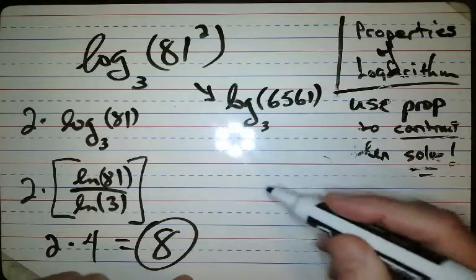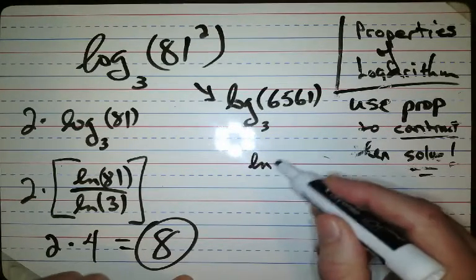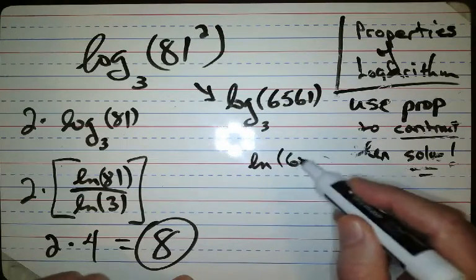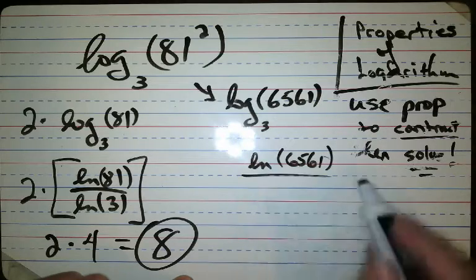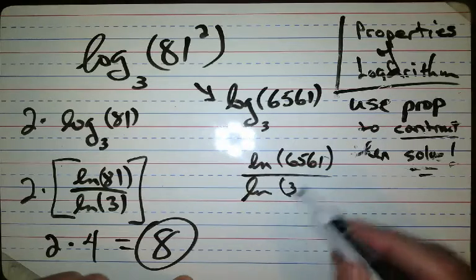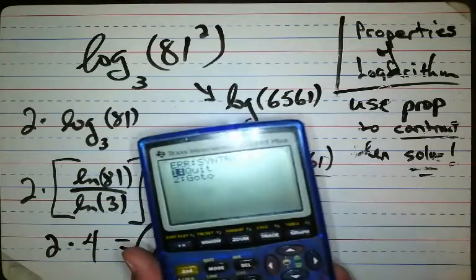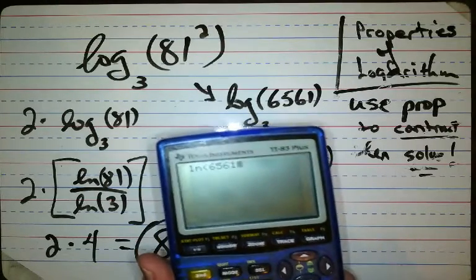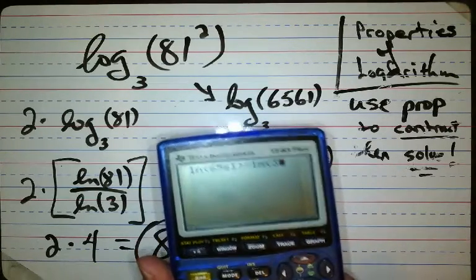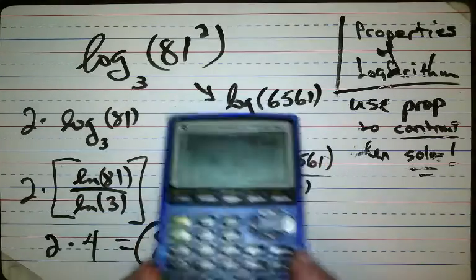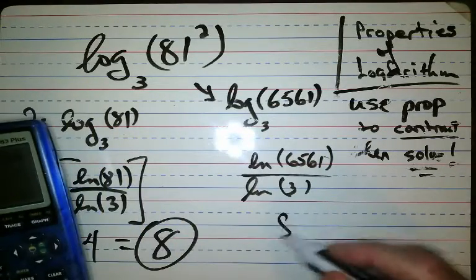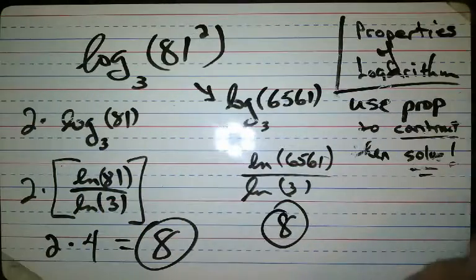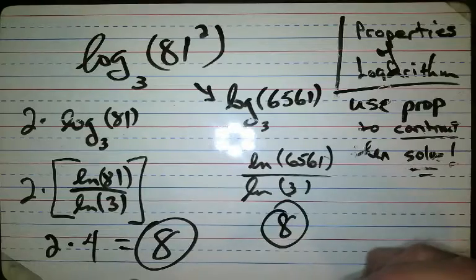Well, I can solve that. I know the natural log of 6561 divided by the natural log of 3 is 8. Holy smokes. Hey, the answer is 8 no matter which way we do it. Look at that. We did it.